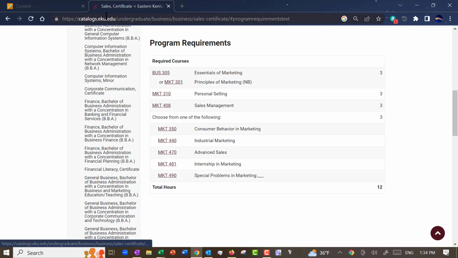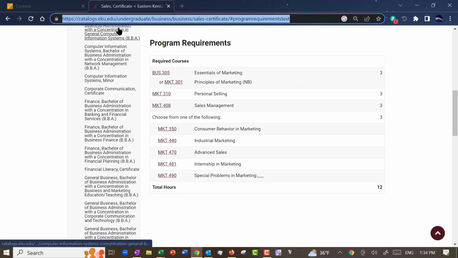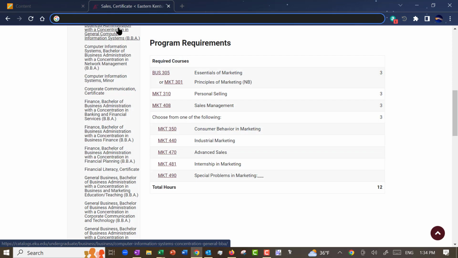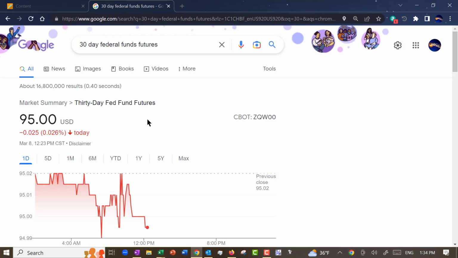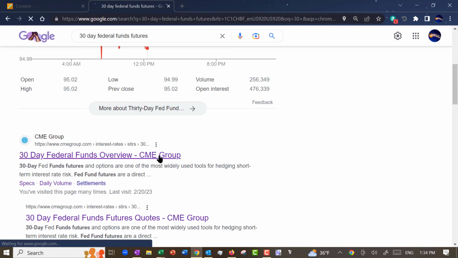Let's talk briefly about the Fed funds rate. It's traded on the Chicago Mercantile Exchange. It's a lot easier to search for 30-day federal funds futures on CME.